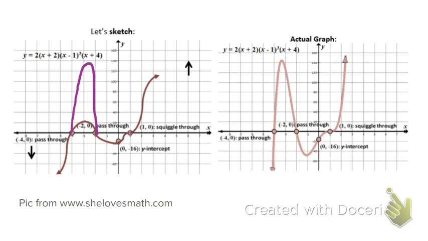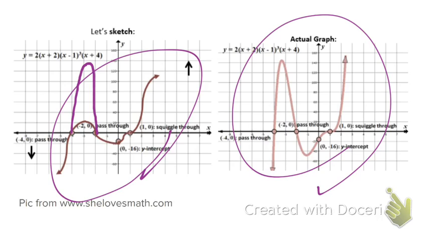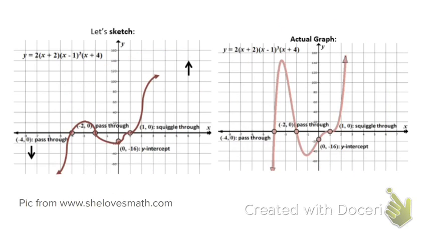So when you're sketching it, don't stress over that part. If your graph looks like this and this is what it looks like on the calculator, you're doing a great job. That's 100% correct. Again, you can't really tell where this point is without a calculator.